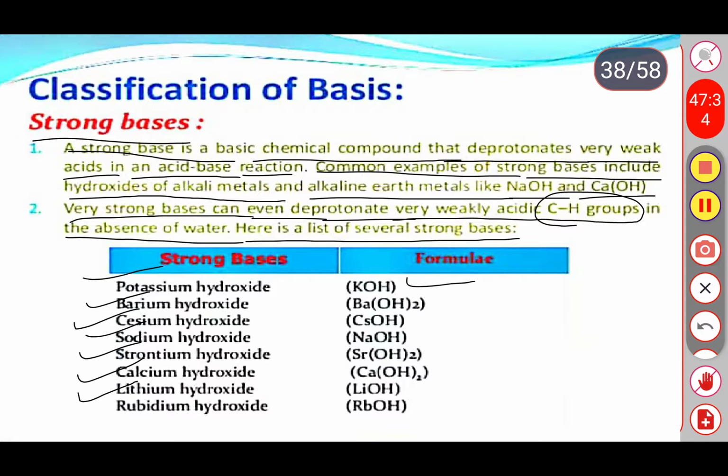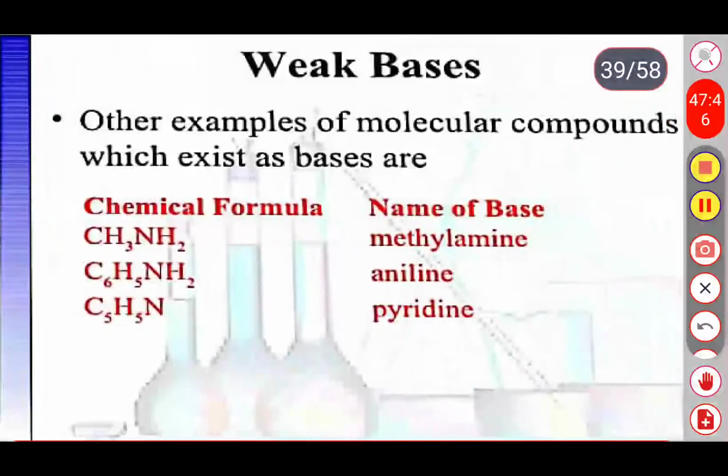Okay, let's see the weak bases. So how can you define the weak bases? When any basic substance is dissolved in water, if it is partially soluble in water, along with less releasing of hydroxide ions, then those substances are considered weak bases.